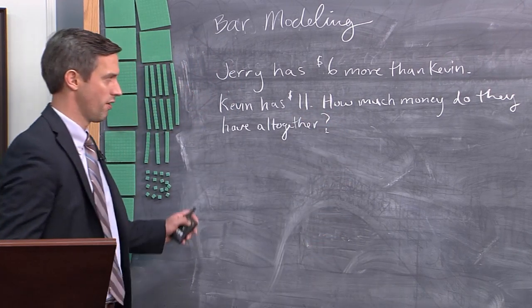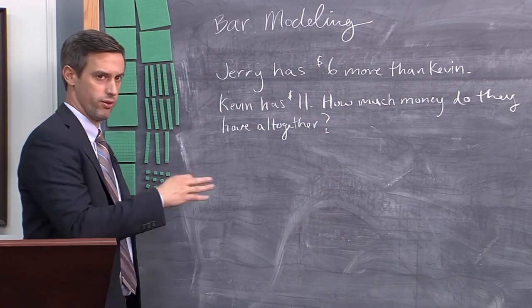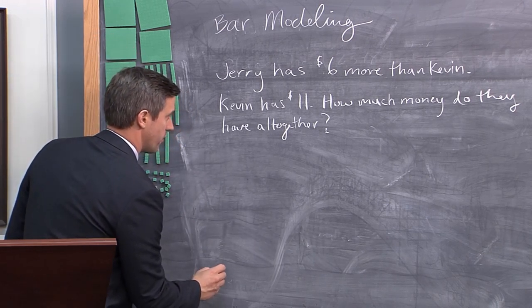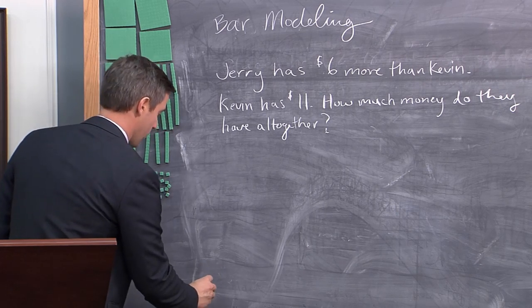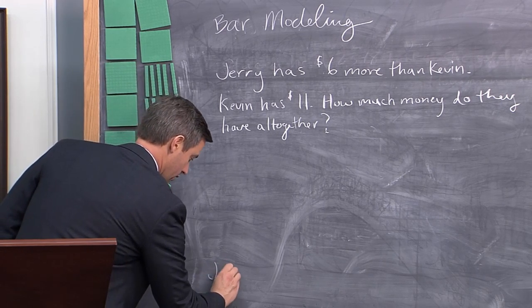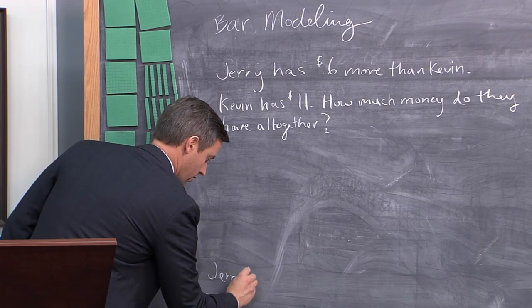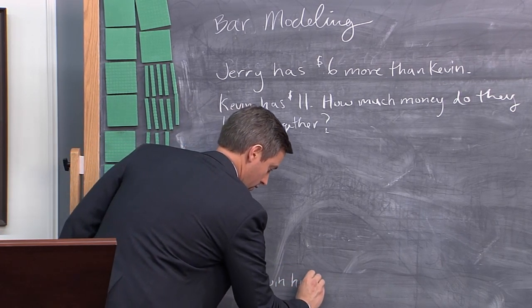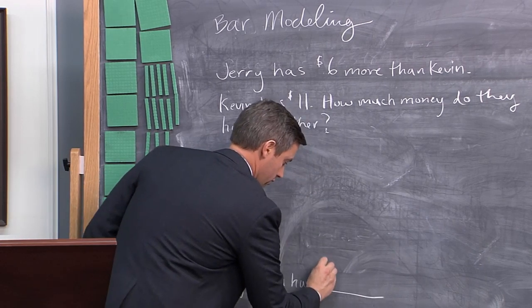All right, so I've already read the problem once through with you. I would go next to my sentence. How much money do they have altogether? Jerry and Kevin have blank dollars altogether.